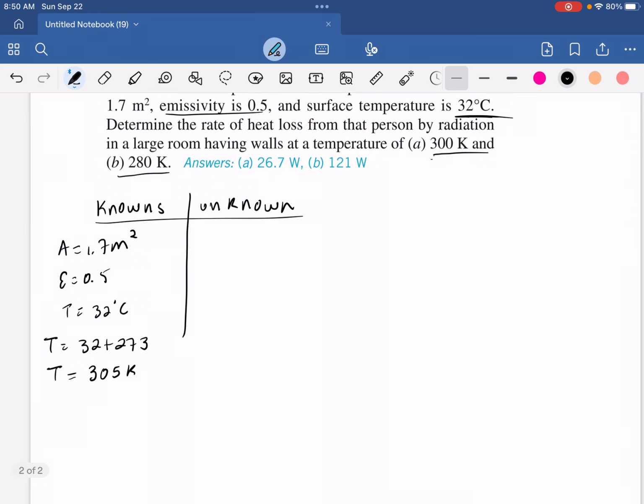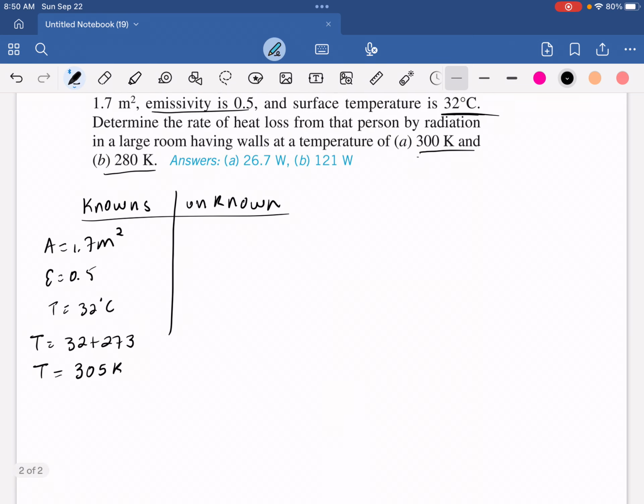So they want you to determine the rate of heat loss, which we already know is going to be negative at the end of the day, right? But I'm not gonna worry about that for now.